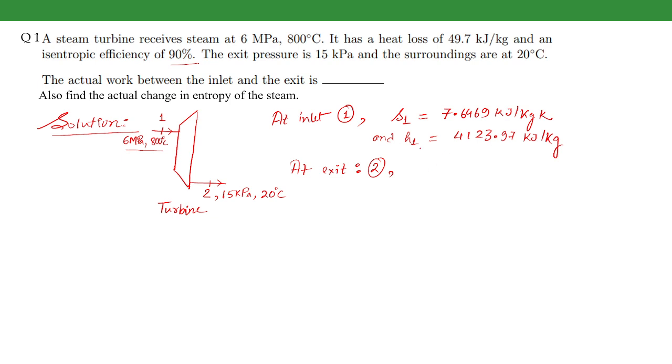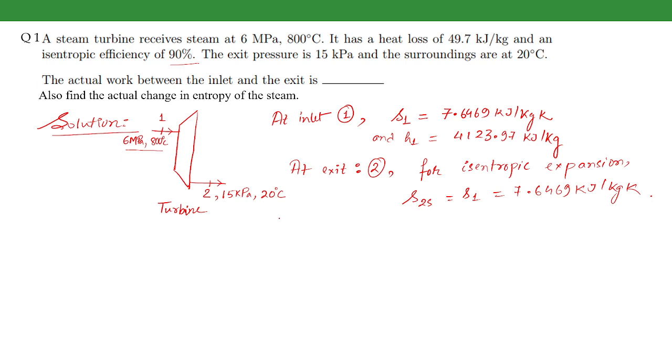For isentropic expansion, S2s will be equal to S1, which equals 7.6469 kilojoule per kg Kelvin.